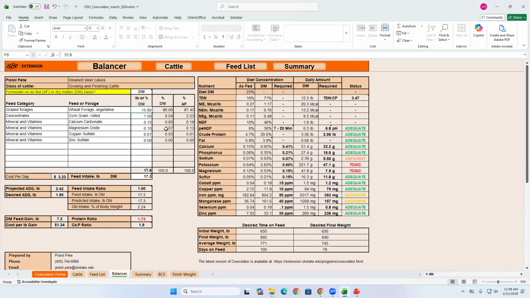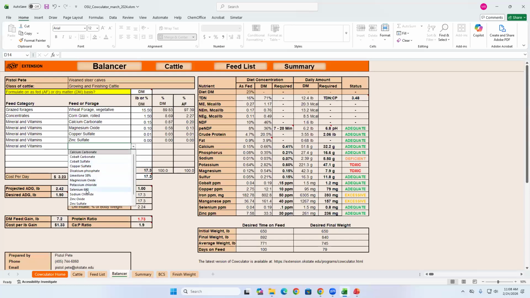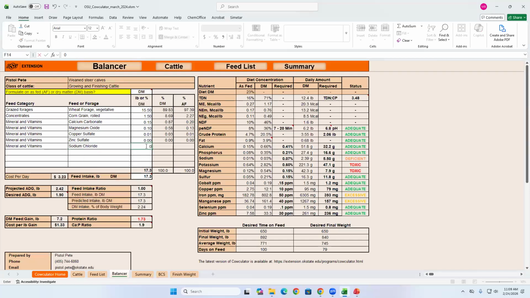Need to take away some from forage. So this matches this, which matches this. Our Ca to P ratio is 1.9. We need to add some salt, sodium chloride. Okay, so that gets us pretty good.